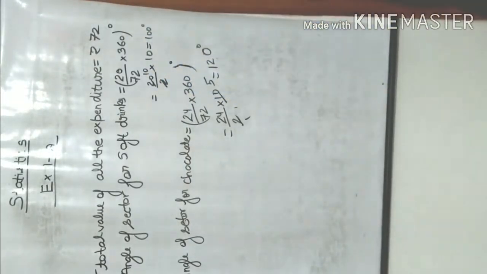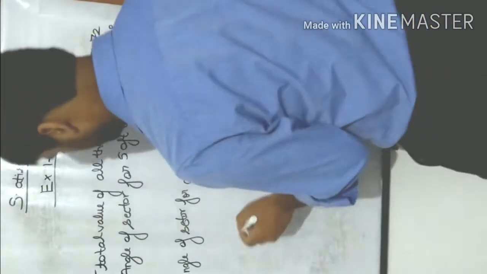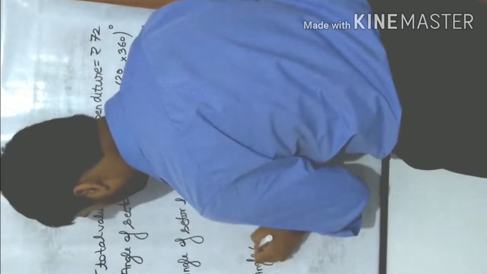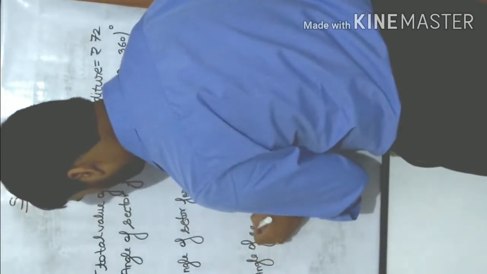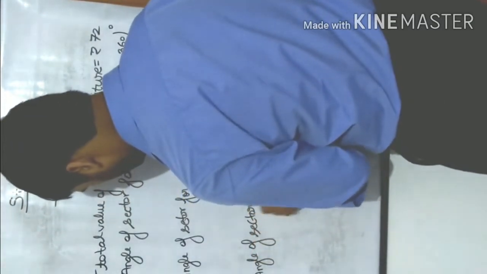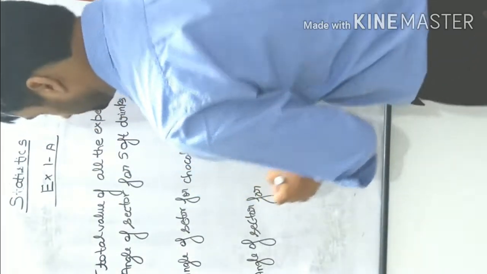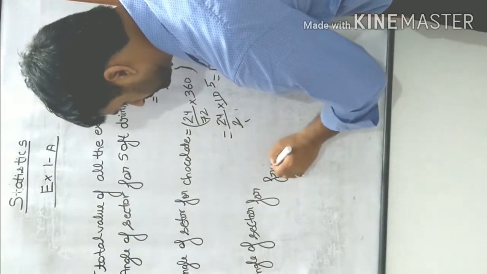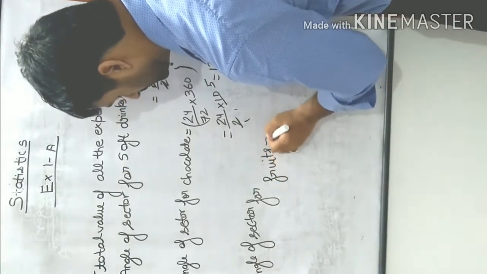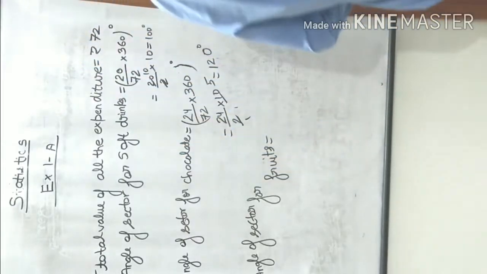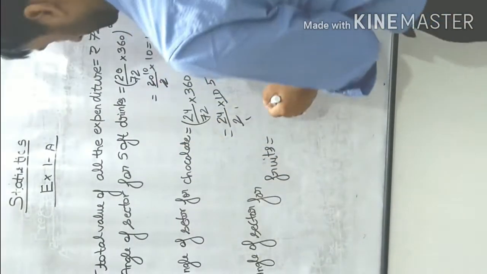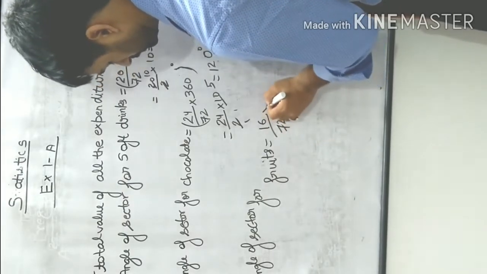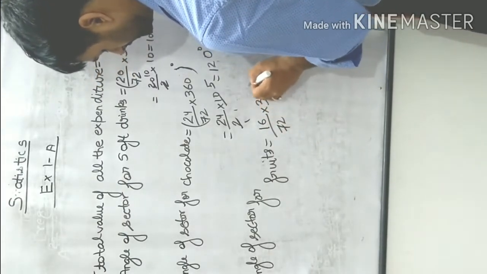Then next we got fruits. Angle of sector for fruits. It will be equal to 16 upon 72 into 360 degrees.